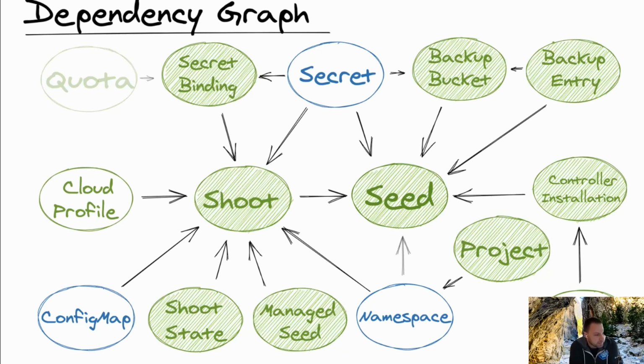So we see here how all the resources that Gardener or some controller creates or maintains are related to each other.